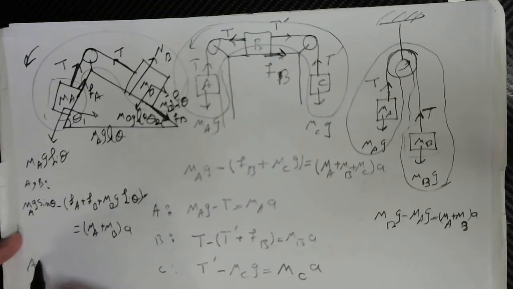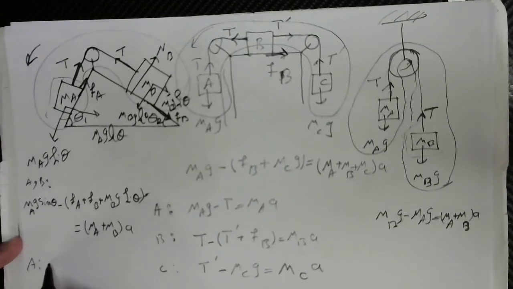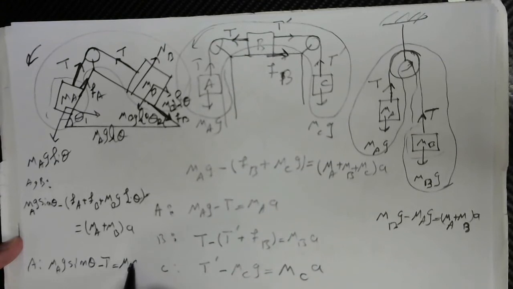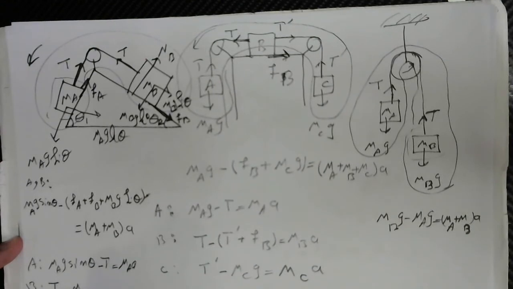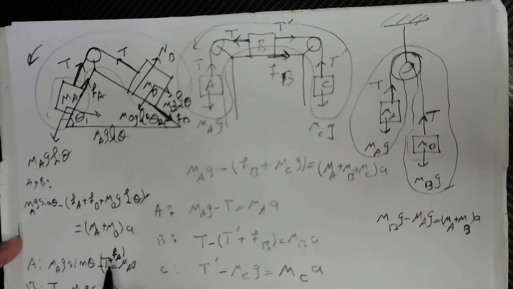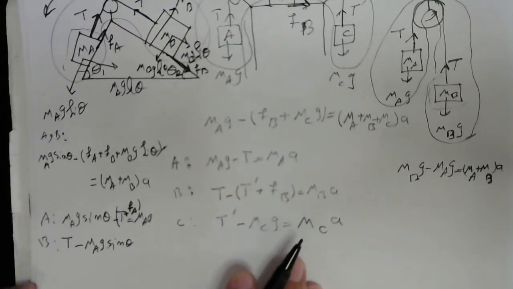Right? If it is A as the system, then it is MAG sine theta minus T is MA. If it is B, then T minus MAG sine theta. Sorry, here I forgot to put the frictional force FA for the case that A is the system.